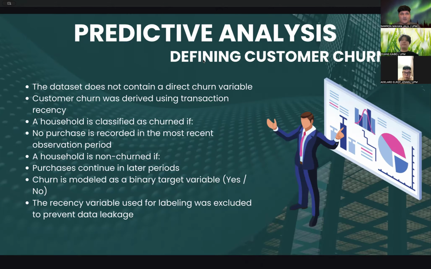Churn was modeled as a binary target variable to support supervised learning, and the recency variable used for labeling was excluded from the final dataset to prevent data leakage and ensure model reliability. Moving on to the next slide.